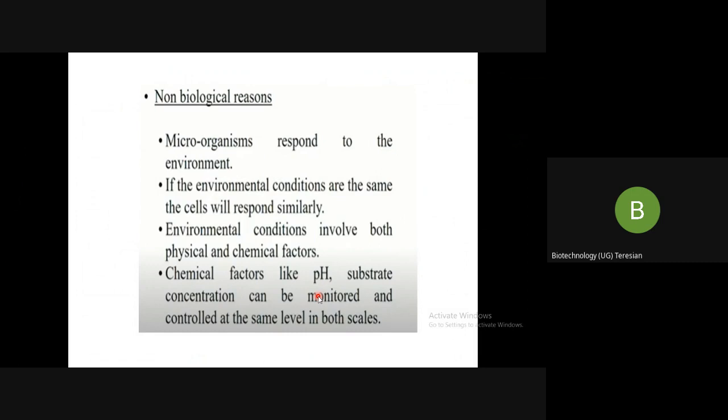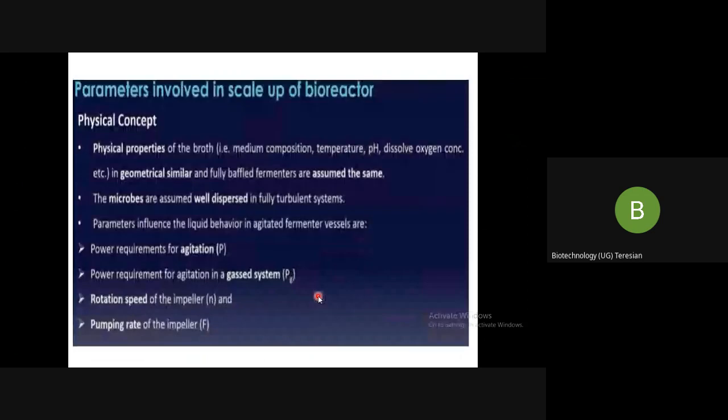I told you now, you have computer integrated fermenters, and they can be easily monitored and at the same time controlled, whether in the lab scale or in the commercial scale.